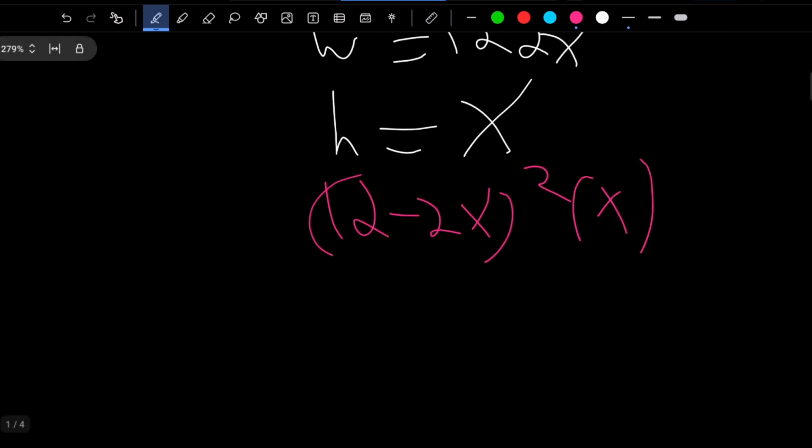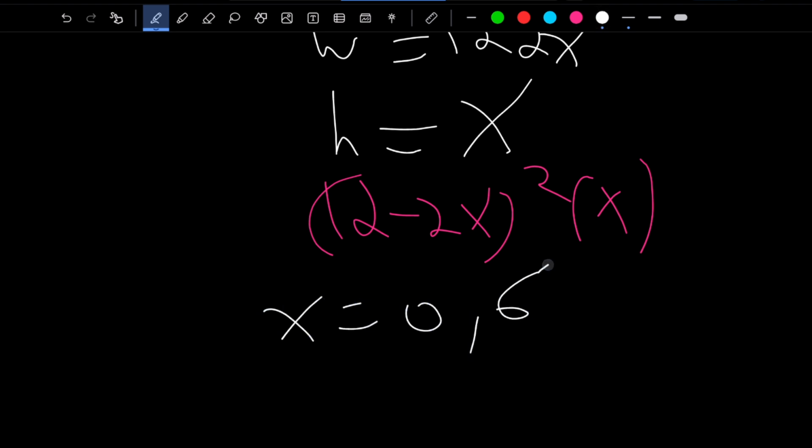And then you're going to take the derivative, set the function equal to 0, and I'll just speed through it pretty quickly. When you do this, you get a domain of x between 0 and 6, and you have to check the endpoints.